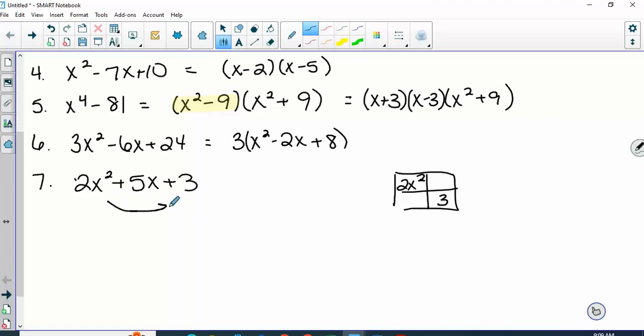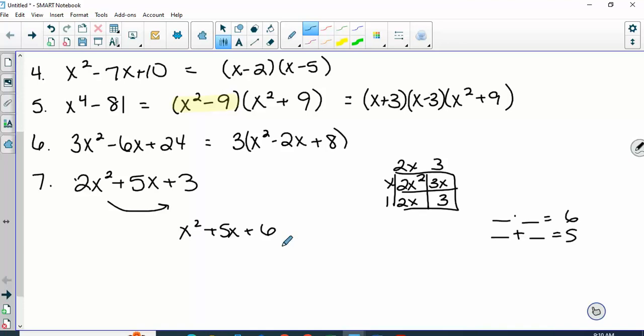If you do slip and slide, you do it like that. So either way, if you do box, you're looking for 2 things that multiply to 6 and add to 5, so then you get 2x plus 3 and x plus 1.